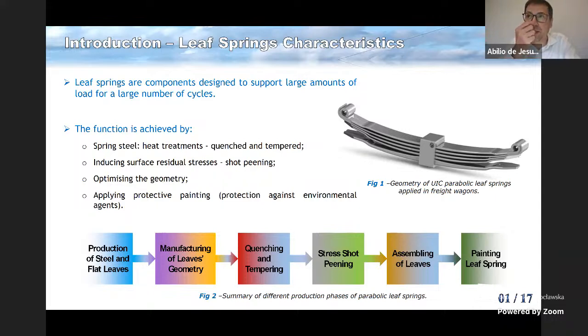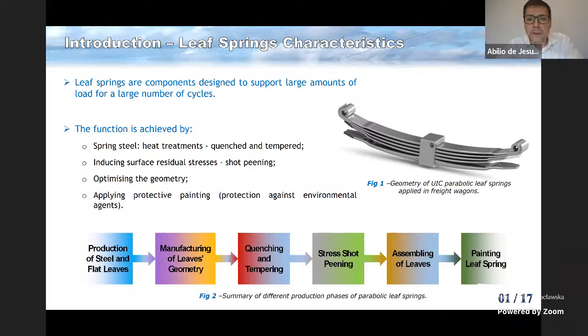these elements are critical elements because they link the wheel set to the frame of the wagon. So they are stiffness elements. And also they provide damping to absorb the vibrations.